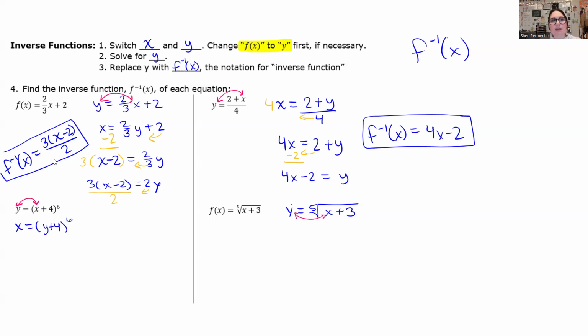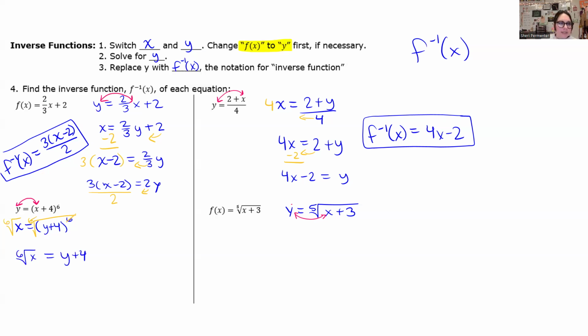So I have to take the 6th root of both sides. And that's what makes these cancel, so that I'm just left with the 6th root of x equals y plus 4. That's how I undid parentheses raised to the 6th power.